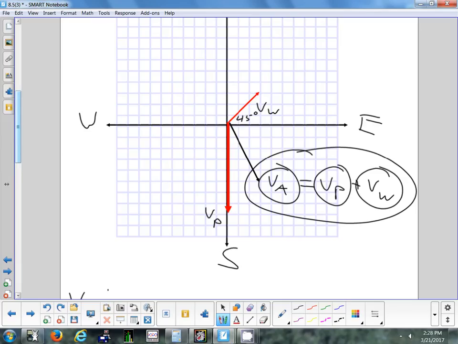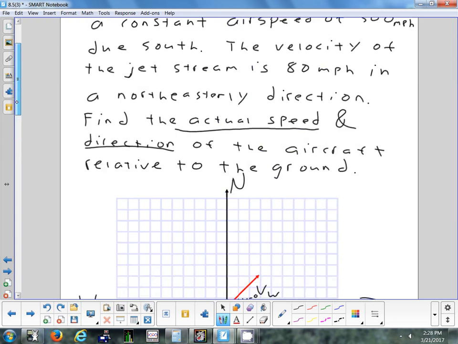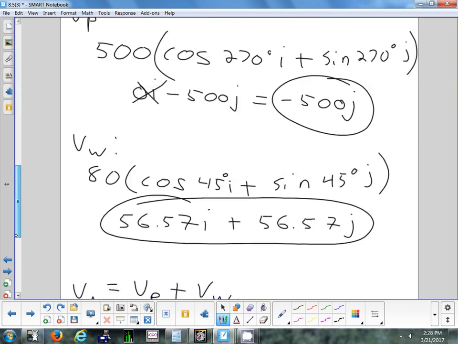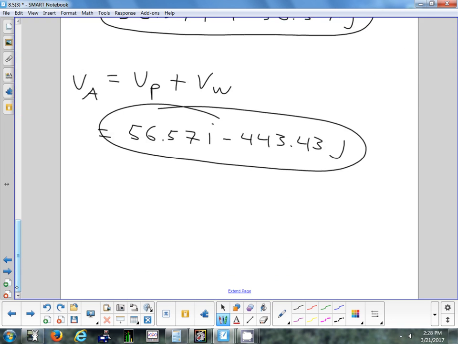It's the length of the arrow. Okay, it's the magnitude. So I want to find the length of that arrow, and that'll at least answer that part of the question, which is the only part that I'm going to do. So here's your vector. Find the length of it.